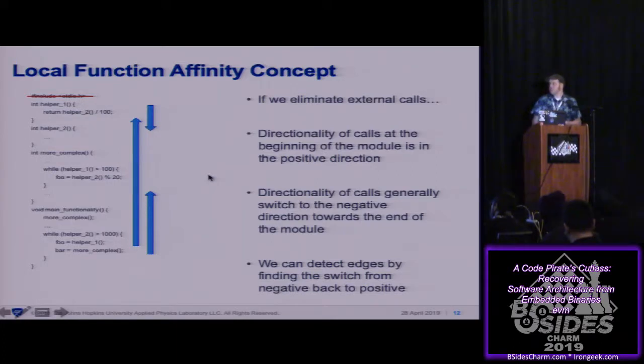So that's sort of the whole thing. And so you can imagine the next C file is going to start again in the positive direction and then go to the negative direction.